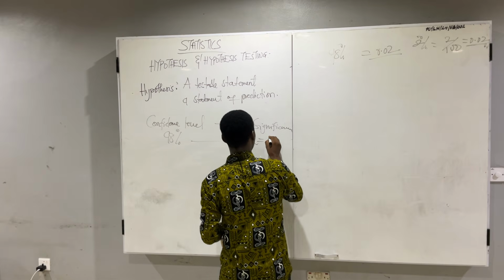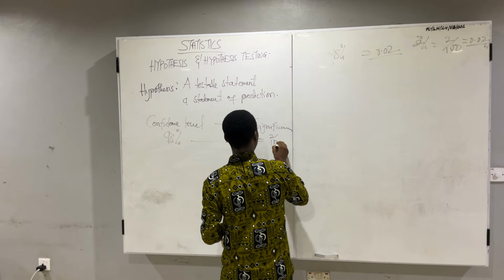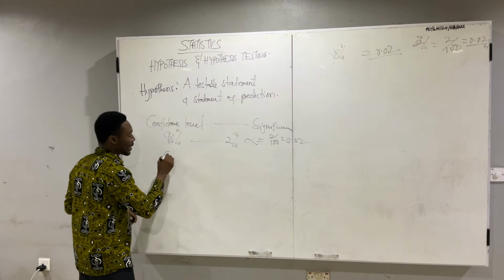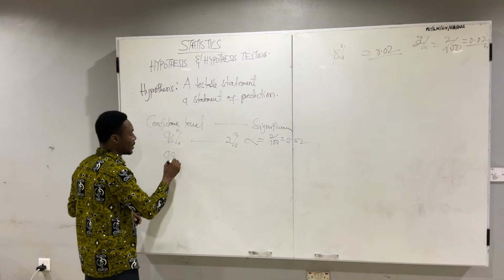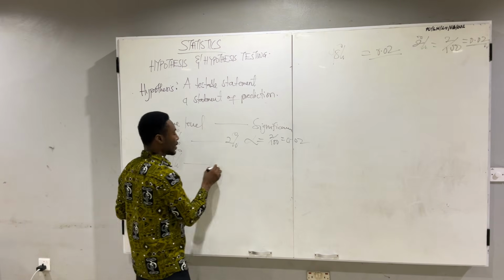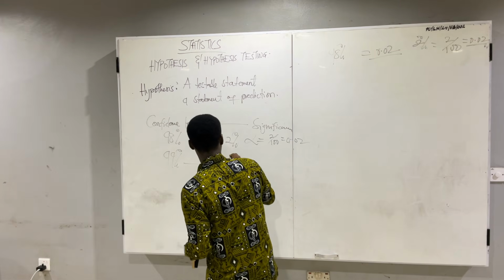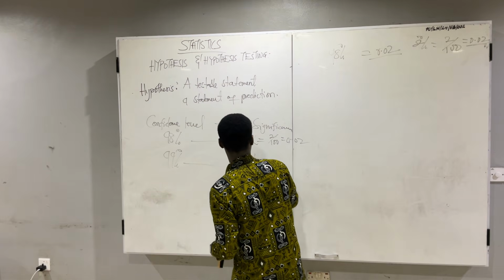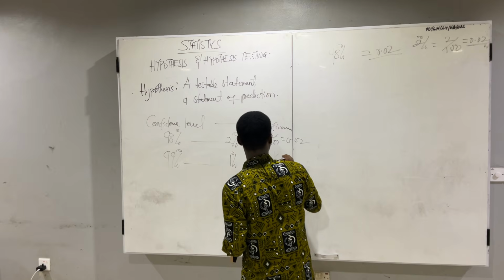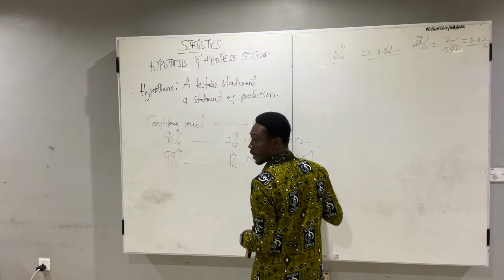Alpha level will be what? 2 over 100, which is equal to 0.02. You are going to do a statistical test. You set your confidence at 99%. Significance will be what? 1%. And then this will give you 1 over 100. This will give you 0.01.